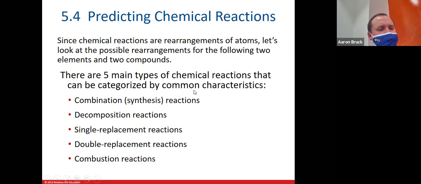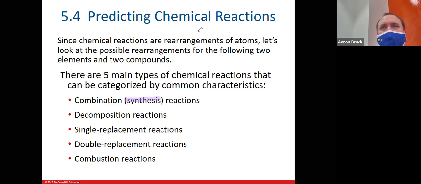So our 5 types of reactions are these. Combination. Combination is sometimes also referred to as synthesis. So don't be surprised if you see either one of those used for the first reaction type. Decomposition reactions. Reactions where stuff breaks down into smaller pieces. Replacement reactions. Replacement reactions are identified based on the number of compounds involved.